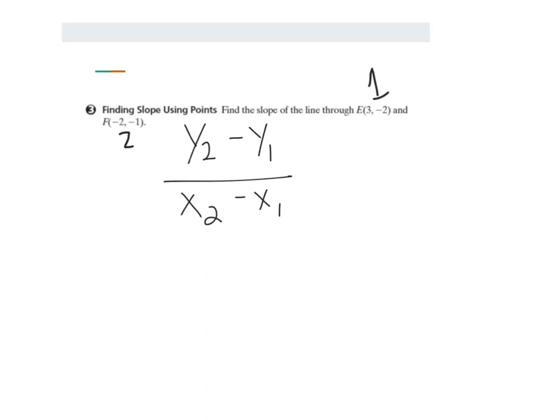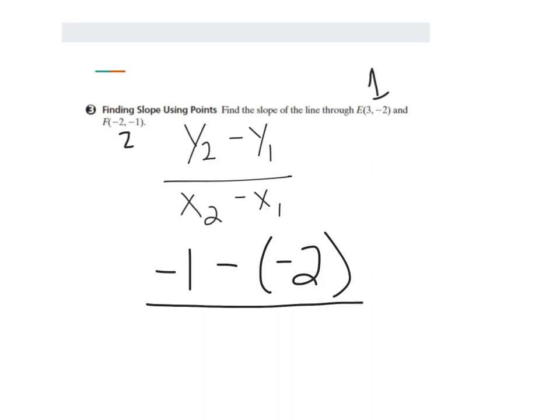So all we're going to do now is the Y value of our second point is -1. So I'm going to put that in there. And then it's minus the Y value of our first point, which is -2. And I'm going to put that in parentheses to just keep track of my negative signs because I have those double negatives there. Got to watch your integers. And then that's going to be all over the X value from point 2, which is -2. Okay, and then minus, again, subtracting, in this case, we're minusing 3.